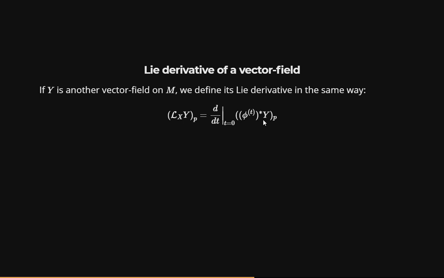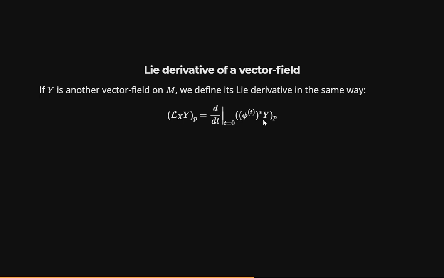What can we do then? Well, the pullback via phi with t was a way to look at something which is at time t and pull it back at time 0. But this phi with t is a diffeomorphism and is a one-parameter group of diffeomorphisms. So instead of pulling back via the map, we can push forward via the inverse.